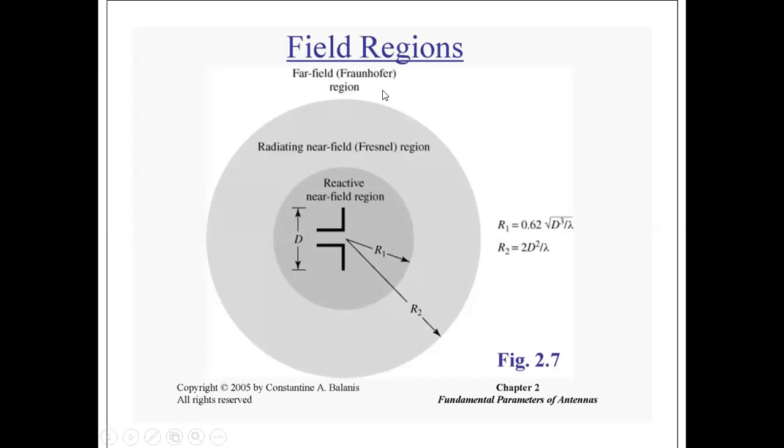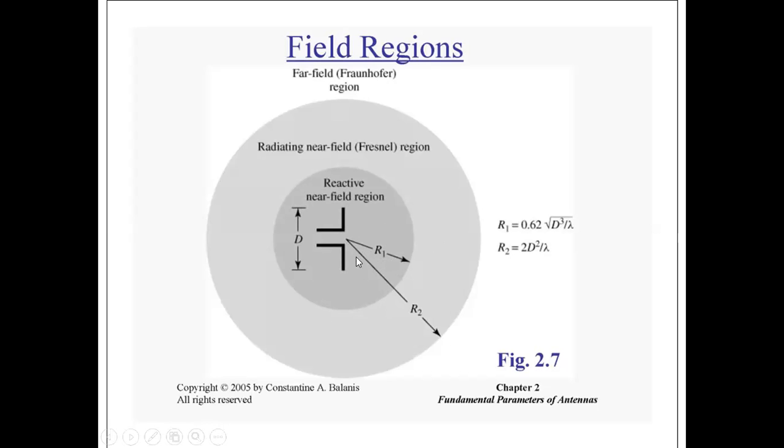Now, field regions. What are the different field regions? There are two field regions. One is the near field and one is the far field. The near field is the region near the antenna. Here we are basically calculating from a formula, 2d square by lambda, where d is the maximum dimension. If you substitute the length of the antenna here, we get R2.